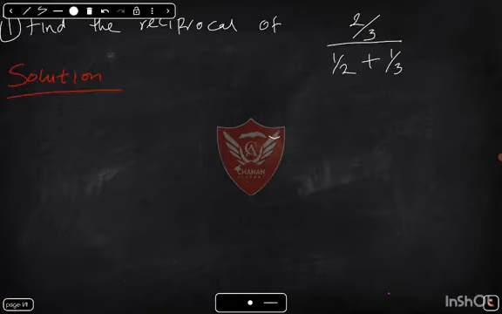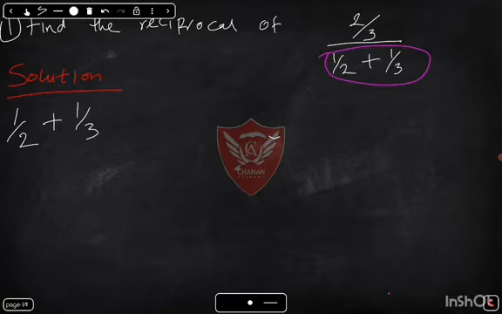Now, question number 1 is: find the reciprocal of 2 over 3 all over 1 over 2 plus 1 over 3. So our first step is to start solving from the bottom. 1 over 2 plus 1 over 3. The LCM is 6.